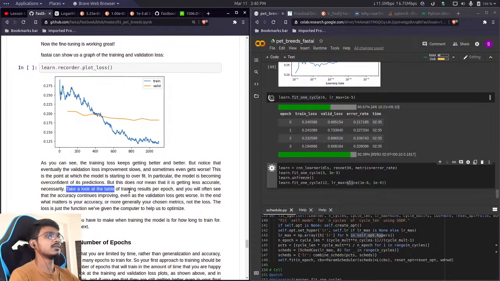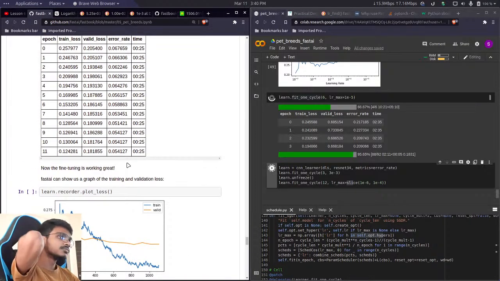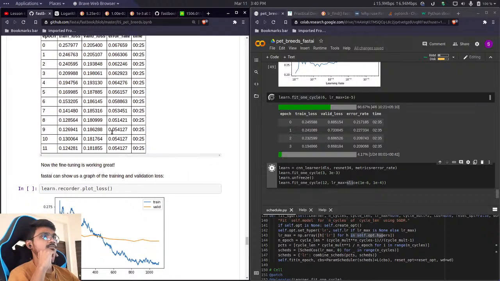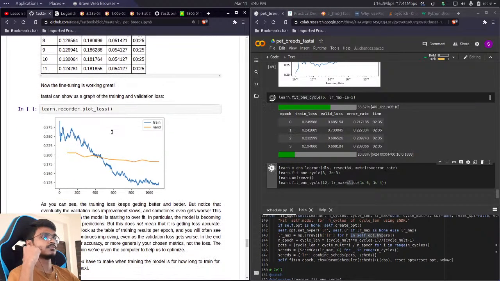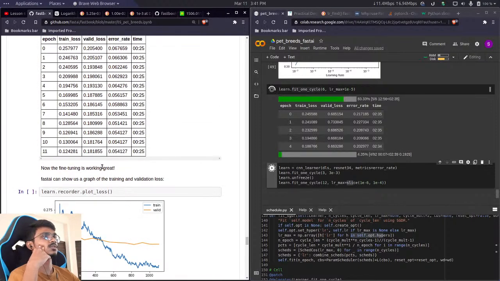Take a look at the table of training results per epoch. You will often see that the accuracy continues improving even as the validation loss gets worse.